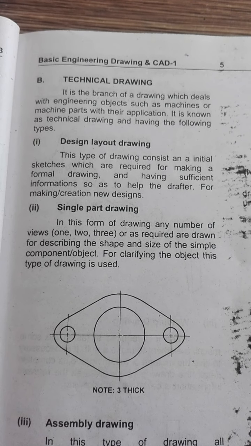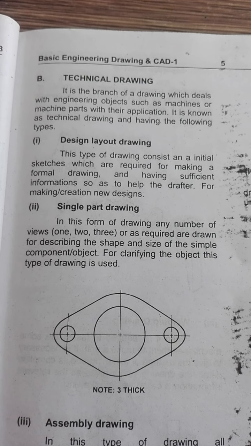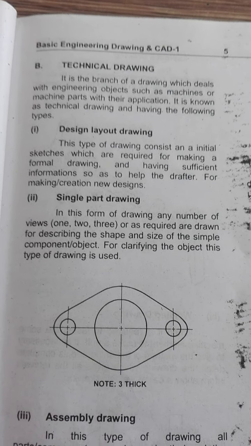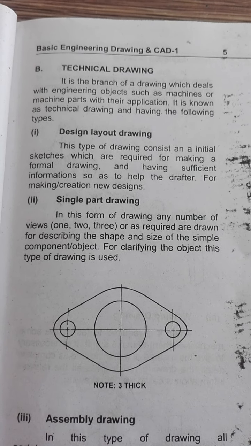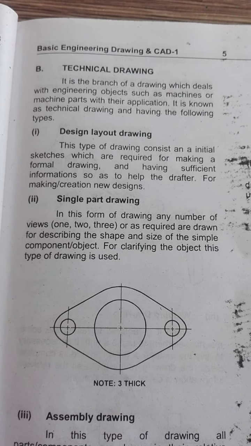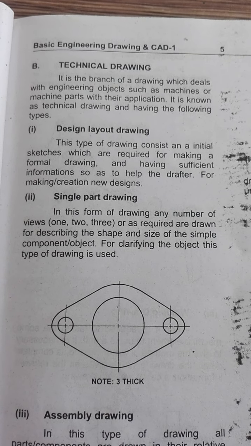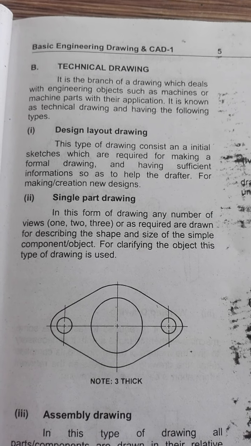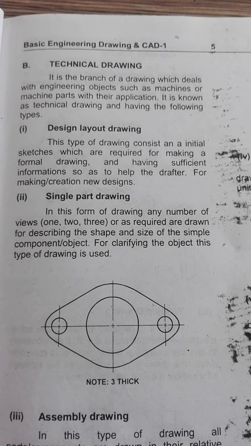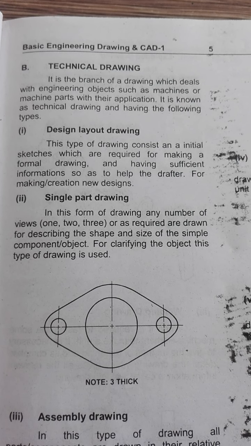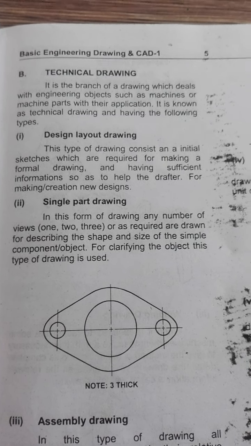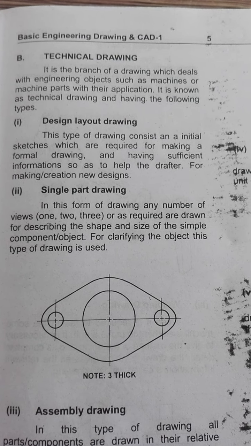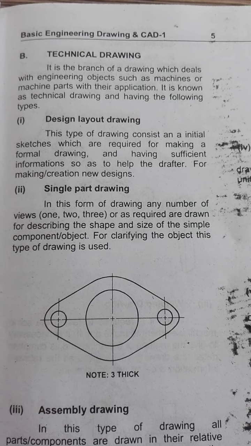That is called the technical drawing. If you have a type of drawing in which you see machine drawings or machine part drawings, you can say it is technical drawing. Now we will discuss more about its types in the group of technical drawing.